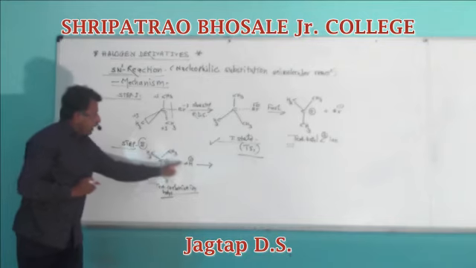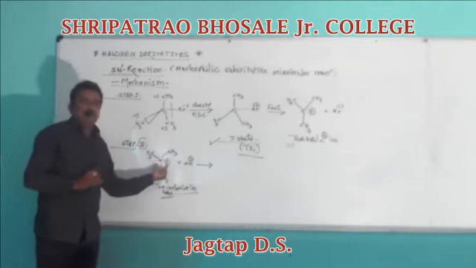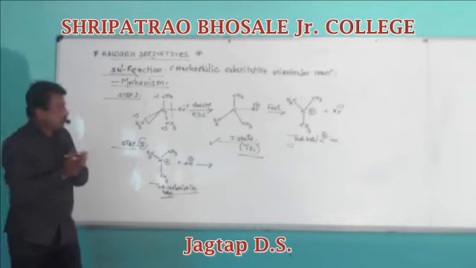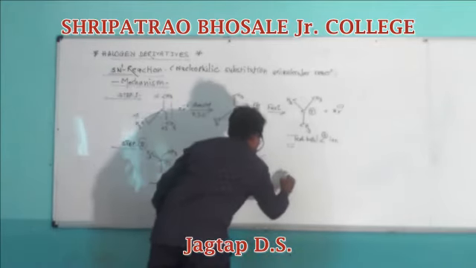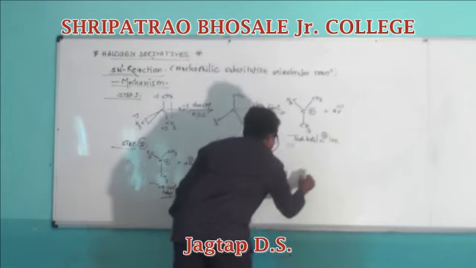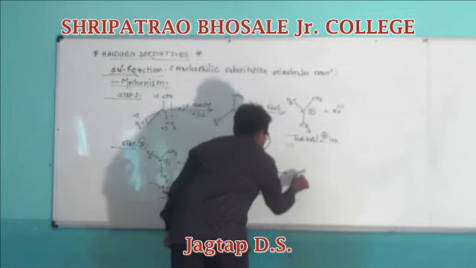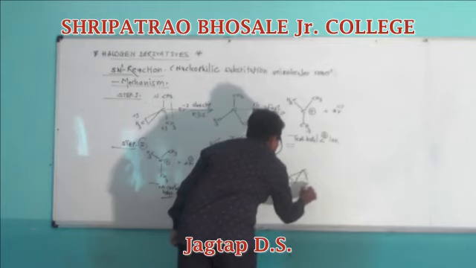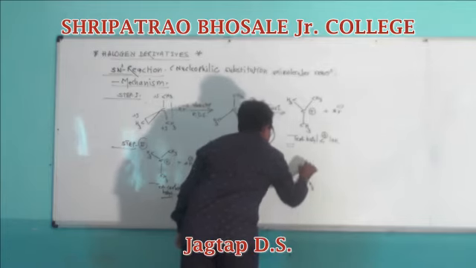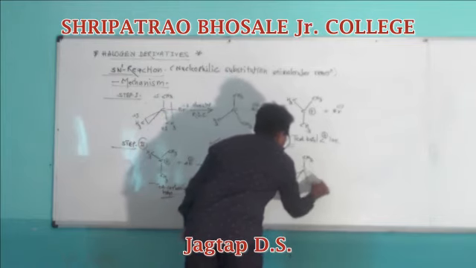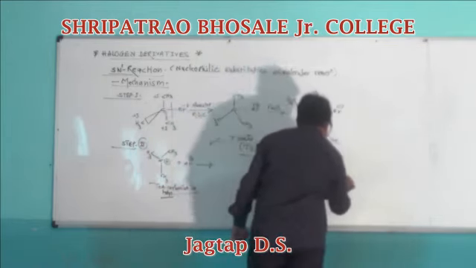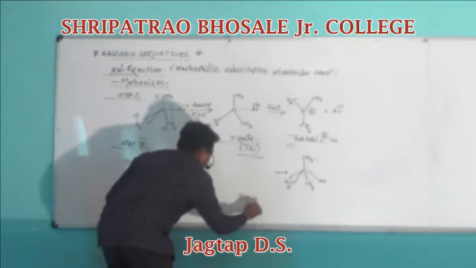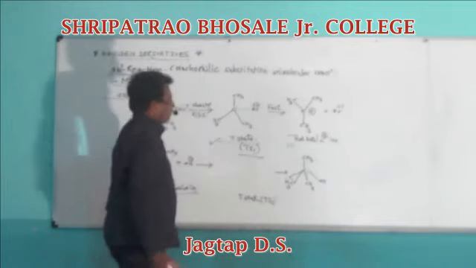That is, nucleophile OH minus ion attacks on tertiary butyl carbonium ion from front as well as from back side to form tertiary butyl alcohol through transition state, that is TS2.